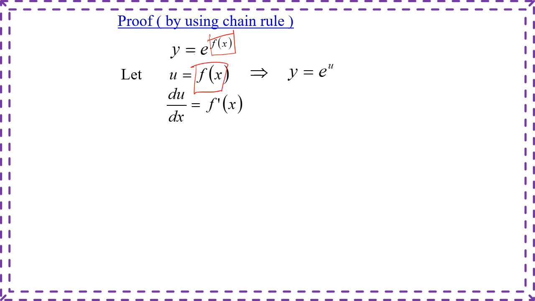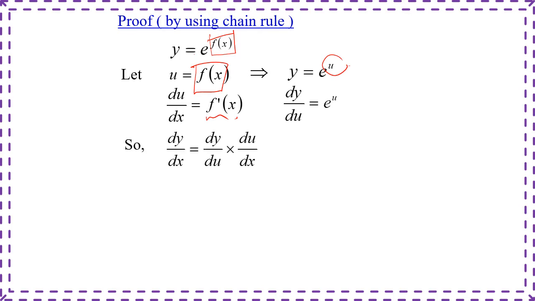And for y, we differentiate with respect to u, so dy/du is equal to e to the power of u. To find dy/dx, we use the chain rule formula, dy/du multiplied by du/dx.